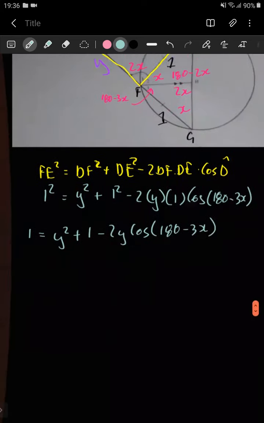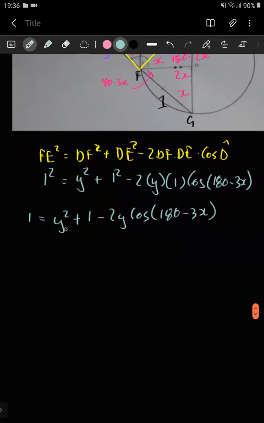Let's just do it bit by bit here. So you see here, this is going to be y squared plus 1. This is going to turn into a plus because we're changing this to cos 3x because of the reduction formula. So 180 minus means you're going to get a negative cos. So a negative here times the negative 2y gives you a plus there.